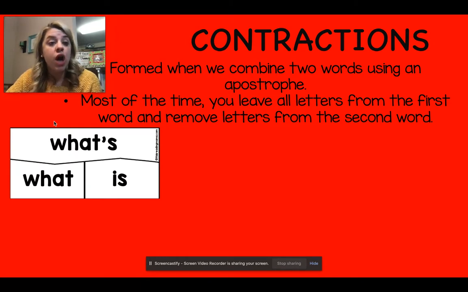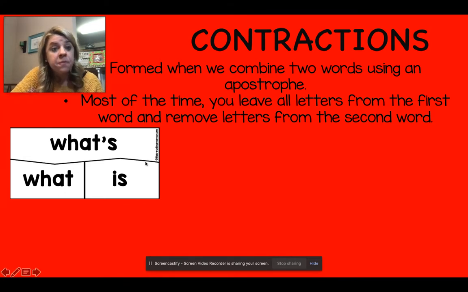One of the most common words to pair to make a contraction is is, okay? So if I wanted to form a contraction using these two base words, what is, I'm going to smush those two words together. And if you'll notice, all of the letters from our first word, W, H, A, T, are all in the new word, what's.